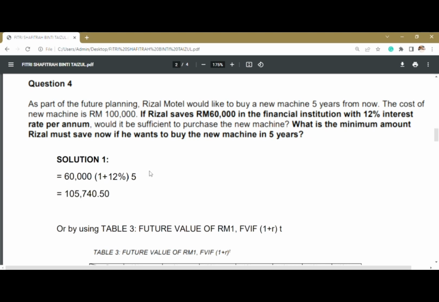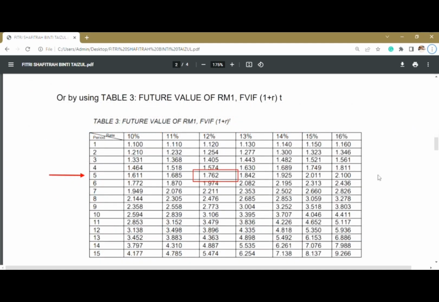And we will get the answer 105,740 and 50 cents. So it means if Rizal invests 60,000 now with 12% interest rate, in 5 years, the amount will be 105,740 and 50 cents.